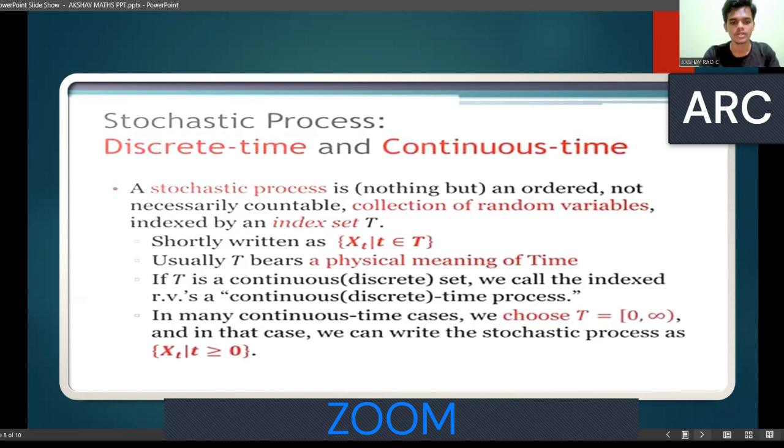If T is a discrete set, we call it a discrete time process, otherwise a continuous time process. In many continuous time cases, we choose T equal to 0 to infinity, and in that case we write the stochastic process as Xt, t greater than or equal to 0.